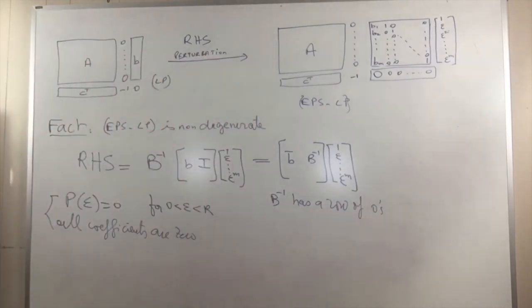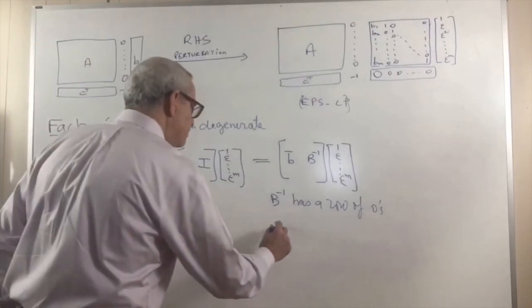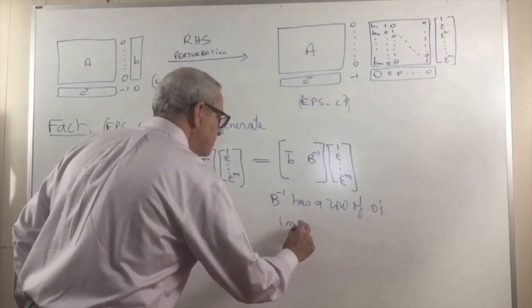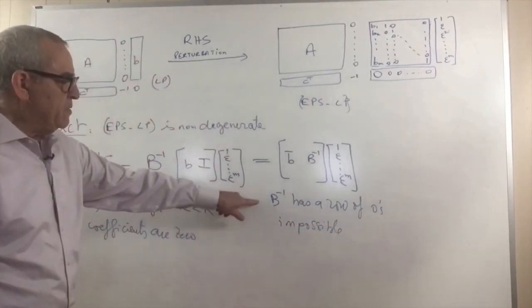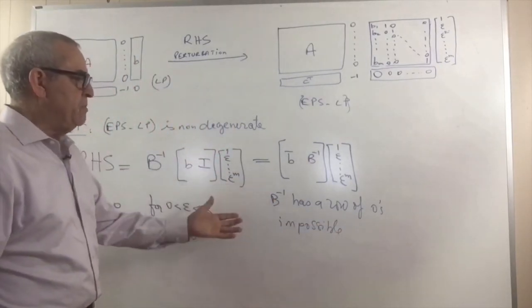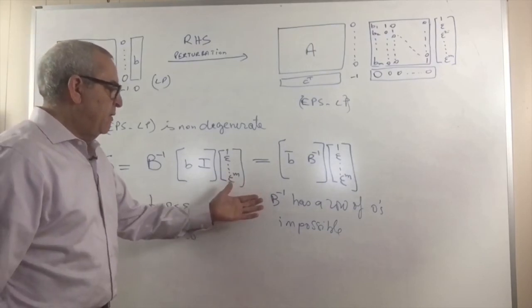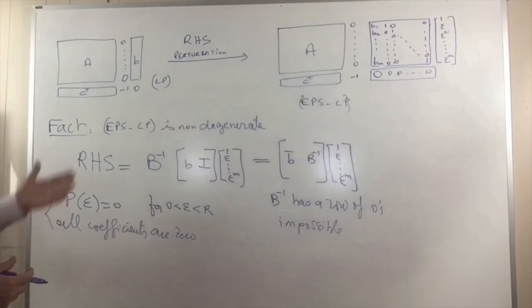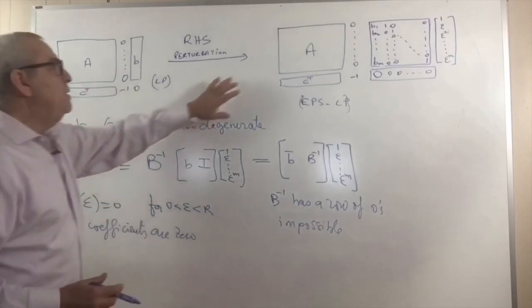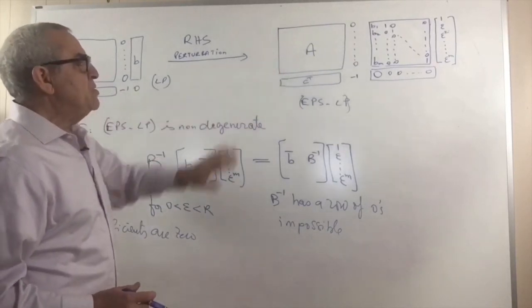And that's impossible. Because it's B inverse. A matrix that has a row of 0 has determinant 0, and therefore this cannot happen in our situation. So therefore our linear program here is non-degenerate.